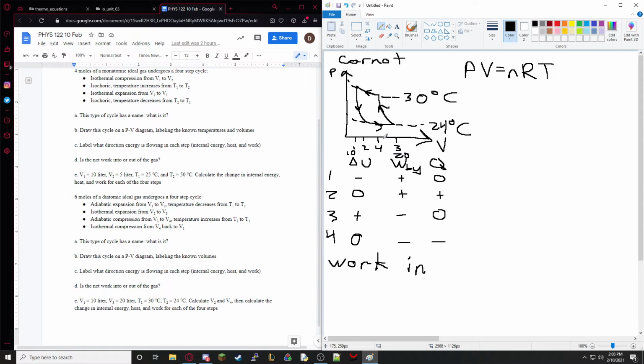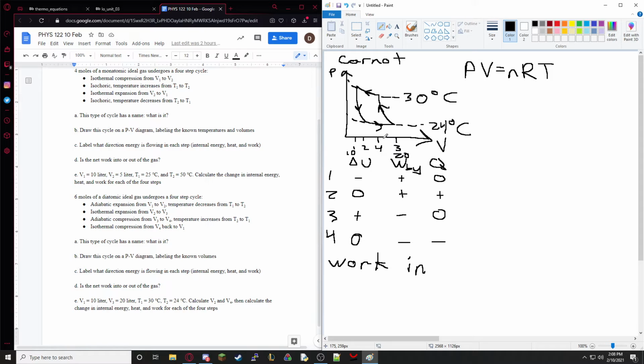I think I'm overcomplicating this. I apologize. The wording is a bit weird. The way I tried doing it was, since we know that for two of the processes the internal energy change is 0, the internal energy for 1 and 3 would use 3/2 nRT.